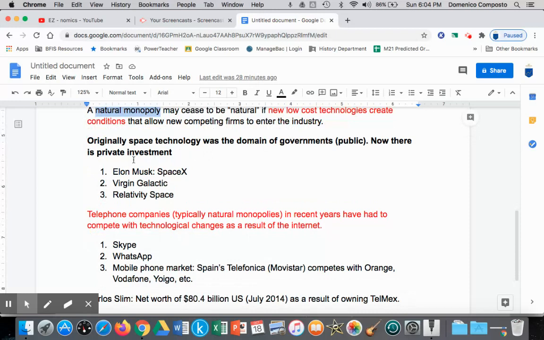So one example of that is space exploration and space technology. This was originally the domain of governments. Governments had a natural monopoly over spending public tax revenue on building rockets, launching satellites into space, etc., because the costs of production were so high, and private investment would not be able to generate a profit at those high costs to make it worth their while.